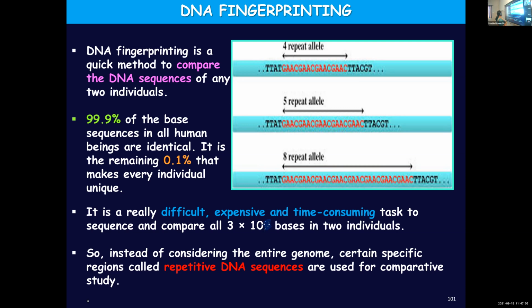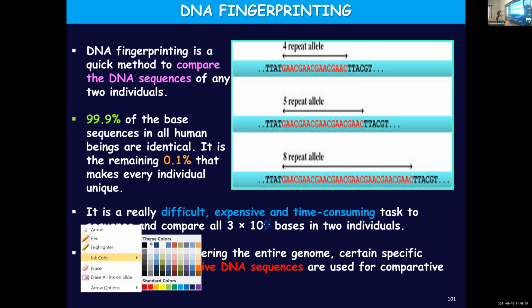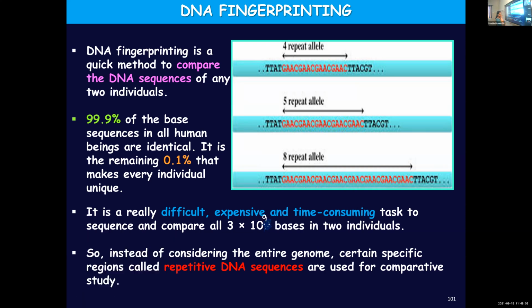So what is done? If you need to compare the DNA of two individuals, comparing the entire genome will be very difficult, expensive, and time-consuming. Once again, 99.9% of the base sequences in all human beings are the same, only 0.1% is different.